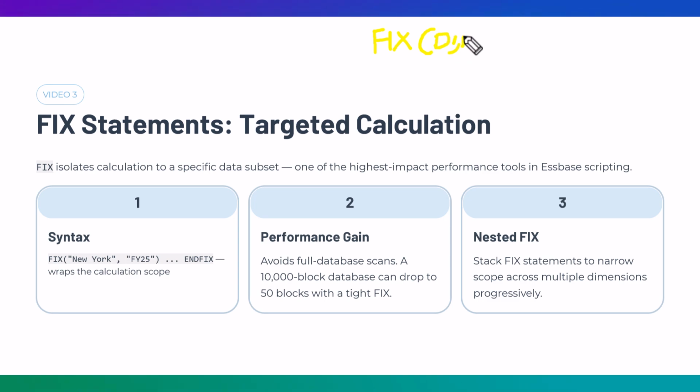It can be dimension 1, that is market, scenario, version, year. Okay, and then we'll write a calculation. Once the calculation logic is done, then we'll close with ENDFIX. So this is the syntax of the FIX statement.